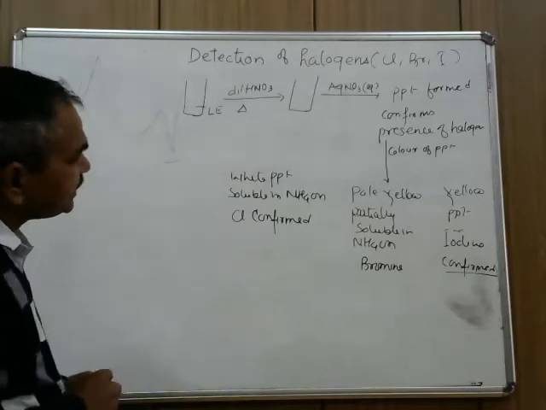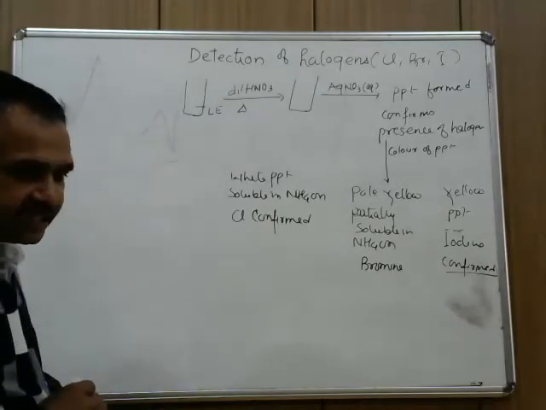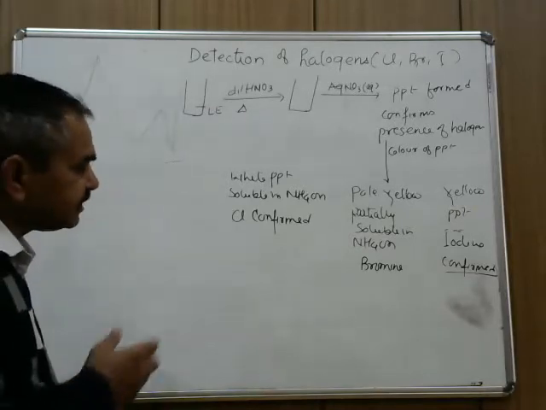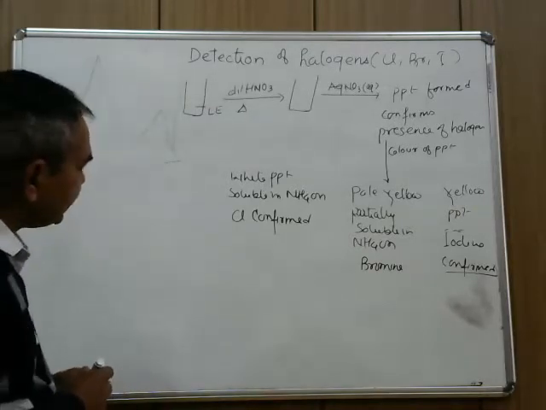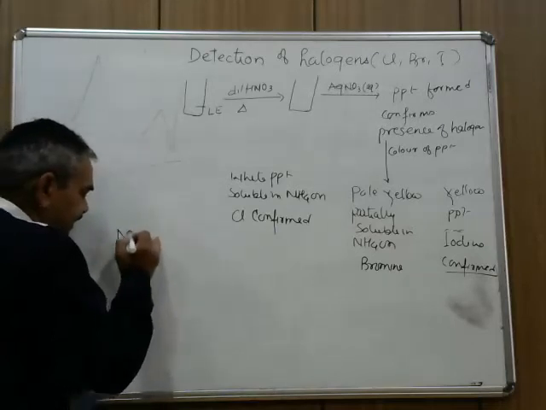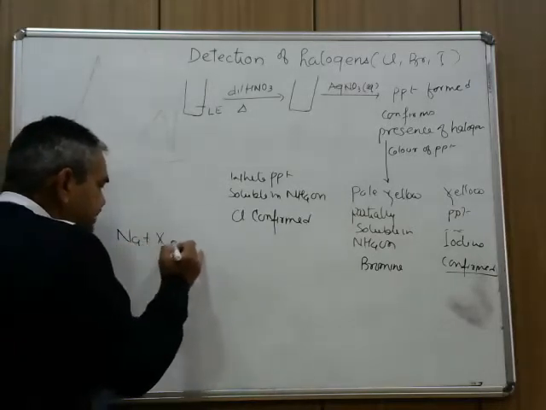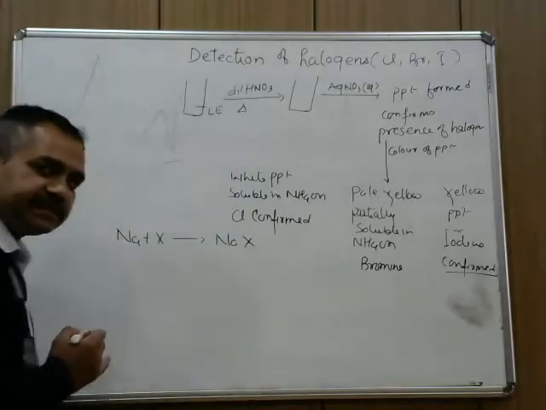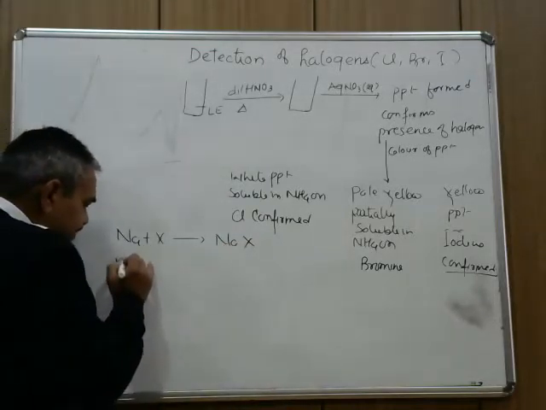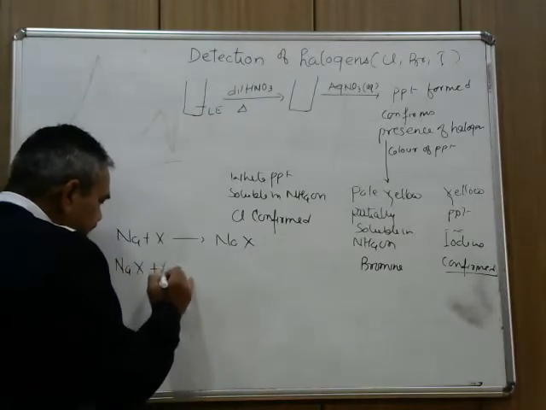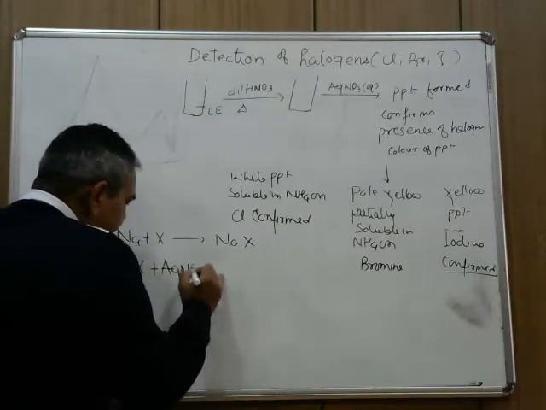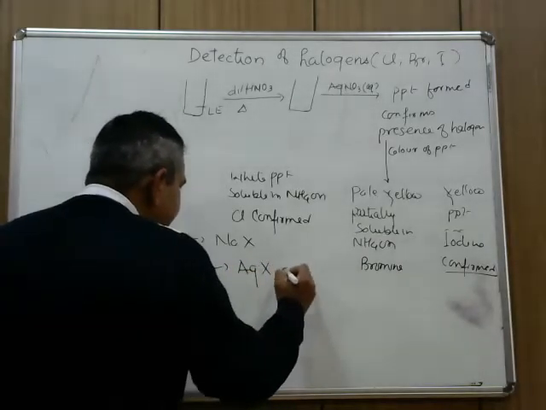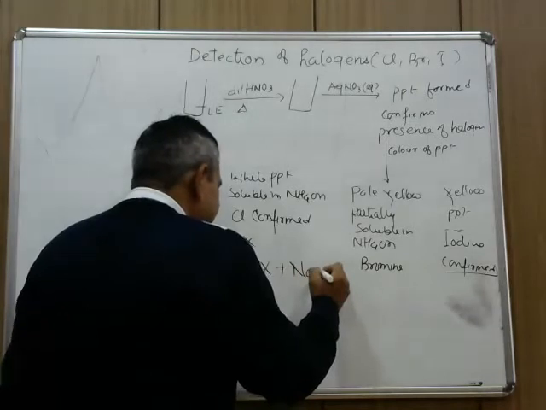Now during the formation of Lassaigne's extract, the halogen that was present in covalent form is converted to sodium halide. Na plus X combines to give NaX, and when this NaX reacts with AgNO3, it forms AgX plus NaNO3.